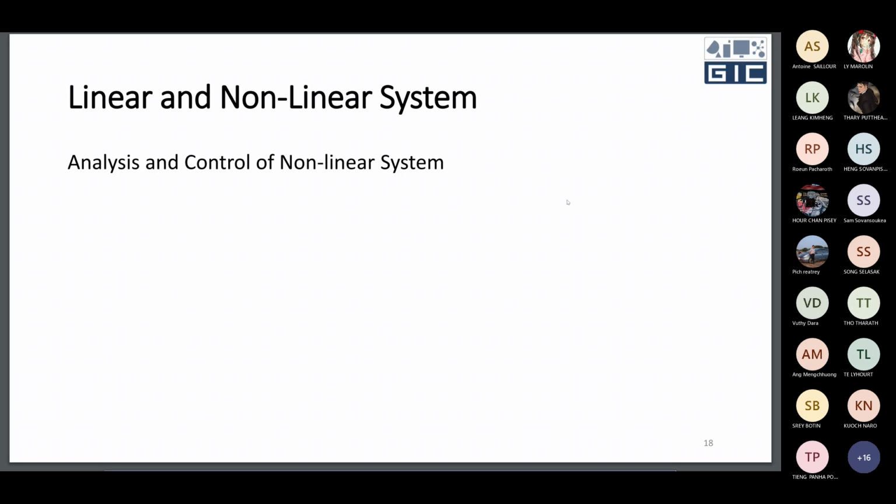Can you catch up with the word control here? We use control in order to put constraints on the system based on the objective that we need.